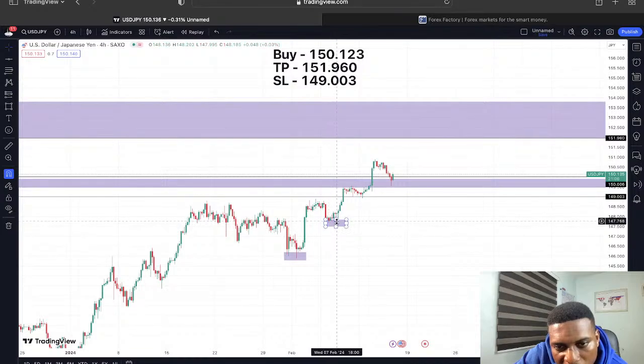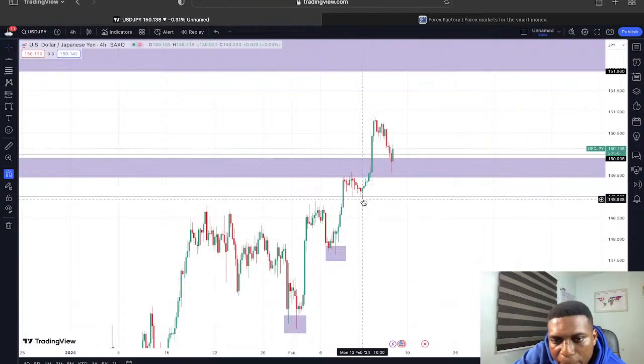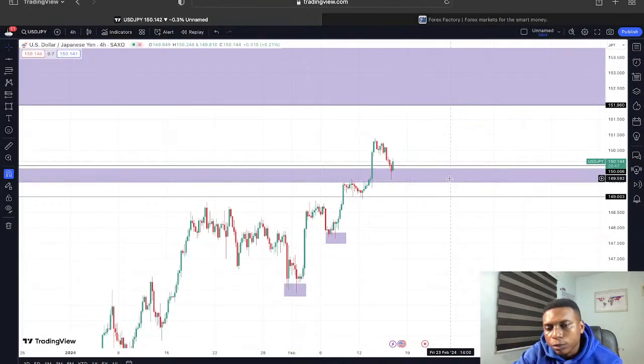And at this level also, we can see this pin bar, and then you see the buy momentum coming. When you look closer here as well, you see another pin bar signaling buy momentum. And right now we are seeing another pin bar sitting right on a support zone.